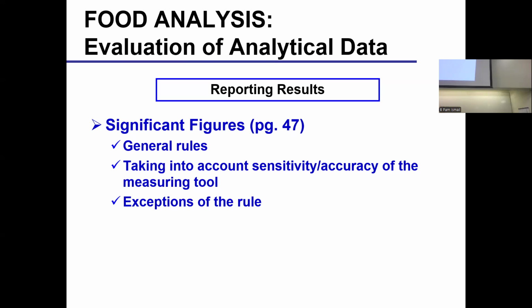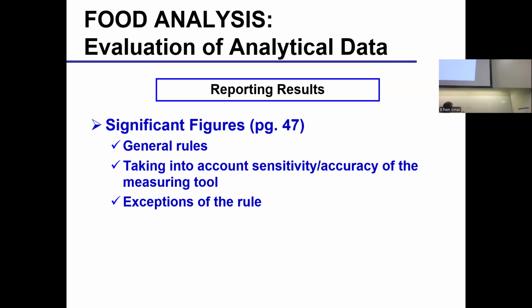The reason it's two is that you go with the number that has the least number of significant figures. How do I translate that to a lab setting? If you are using a scale, some scales you can measure down to 0.001.